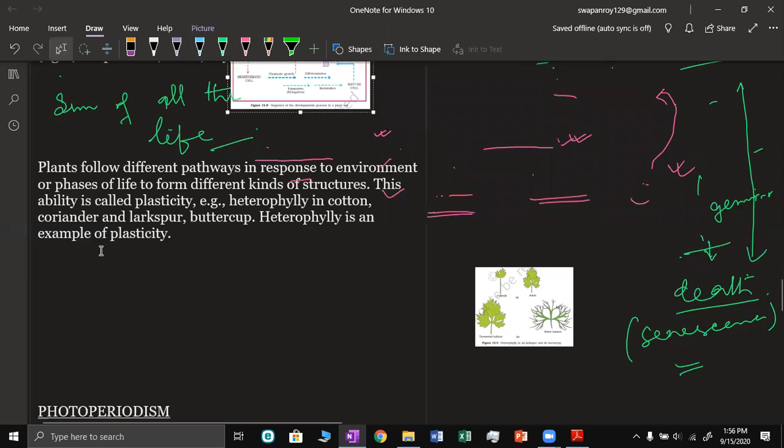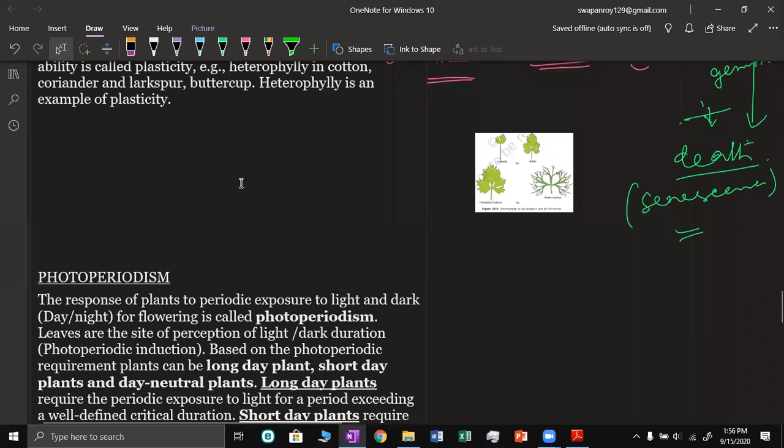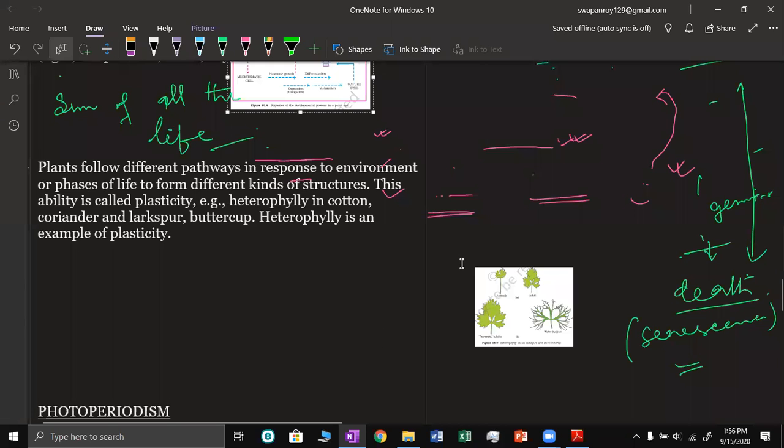Okay, another thing, plant life, growth and development are influenced by various environmental factors, right?